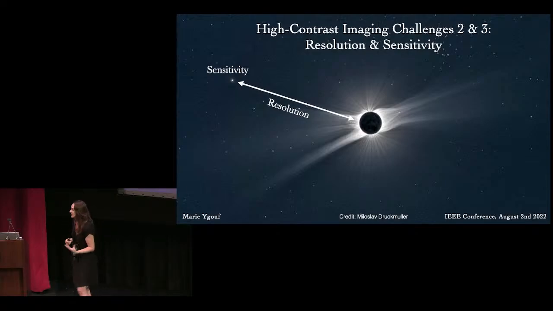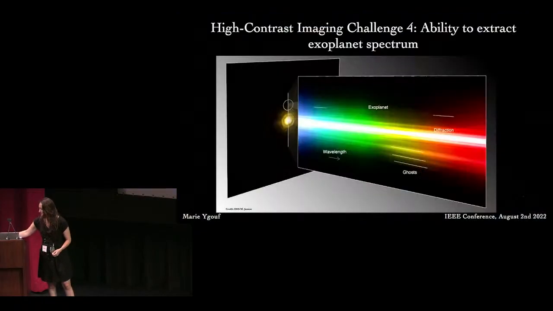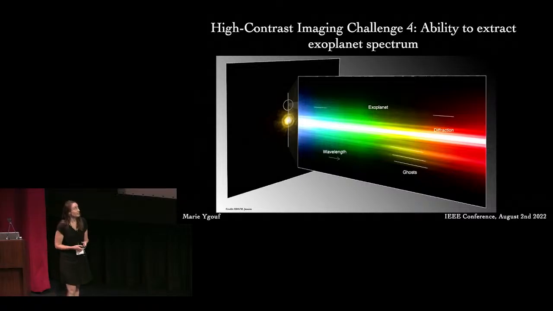So that's another big challenge, because when you want to send a very big telescope in space, it costs of course a lot of money, as we could see with James Webb, for example. And another challenge is also the ability to extract the exoplanet spectrum to be able to characterize it. So we need not only imagers but also spectrometers that allow us to do that.